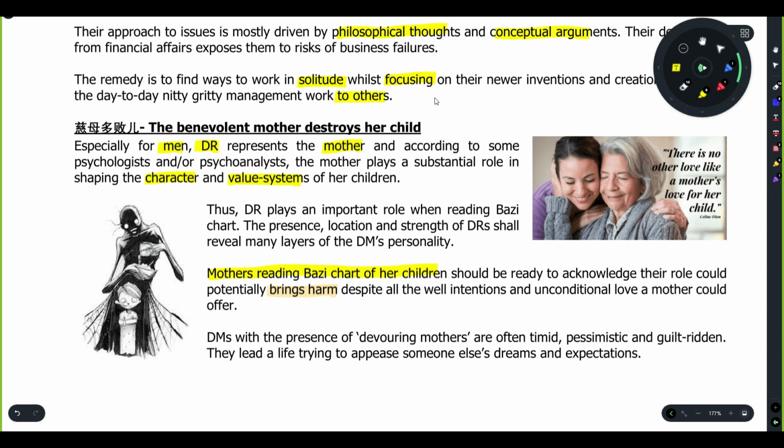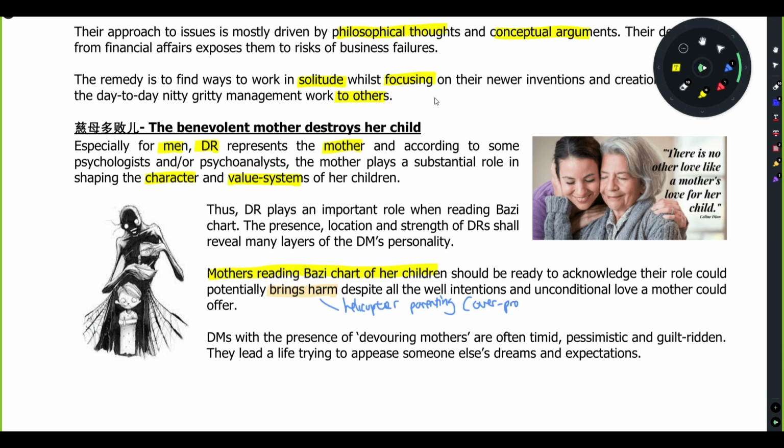In today's language, we have what we call the helicopter parent. Anybody knows what helicopter parenting means? The helicopter parenting actually denotes an overprotective parent.